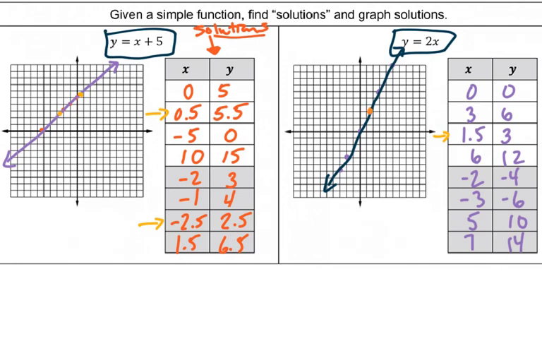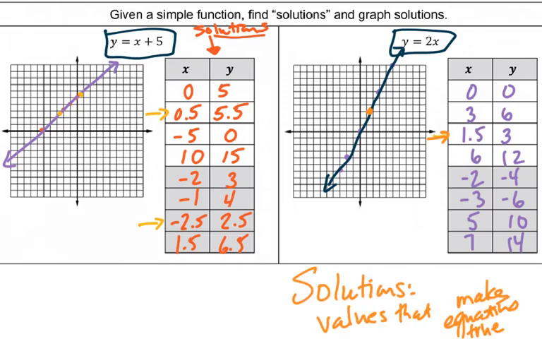And same way on the second one, when I had 1.5 and 3, this was a point on my graph. It's a solution. And we can certainly have fraction and decimal solutions because they are part of the solution set, part of the graph. So hopefully this helps us draw connections between the table, the equation, the graph, and solutions.